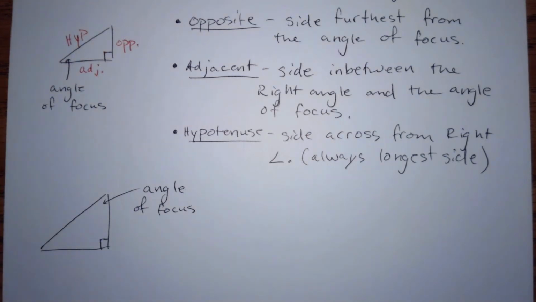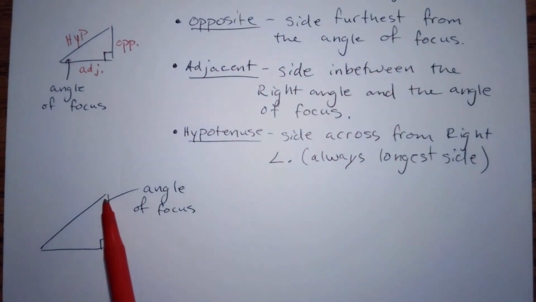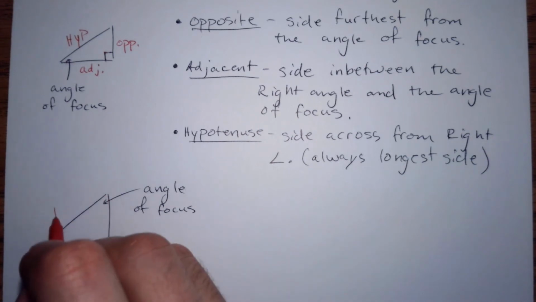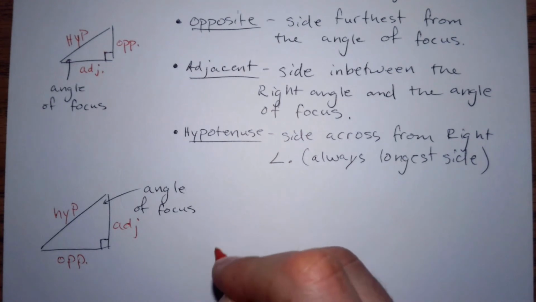So if the angle of focus is here, the opposite side is furthest from the angle of focus. So furthest away, that's this one. It's in between this angle. So the opposite is in between over here. So opposite, hypotenuse, and adjacent.